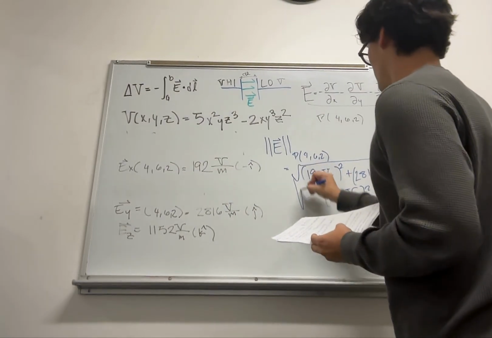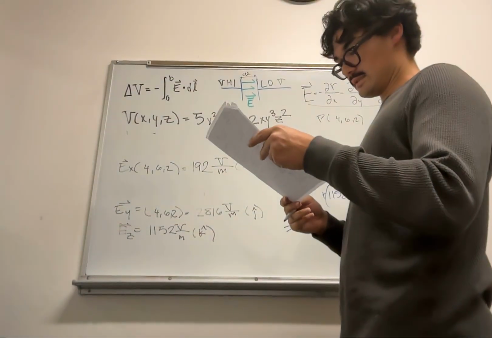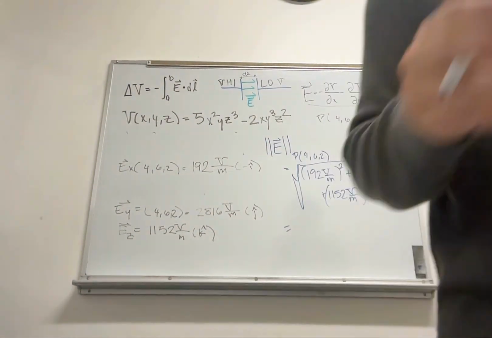Take the square root of all of that, add all that up, and the final value is, I need a calculator. Thank you.